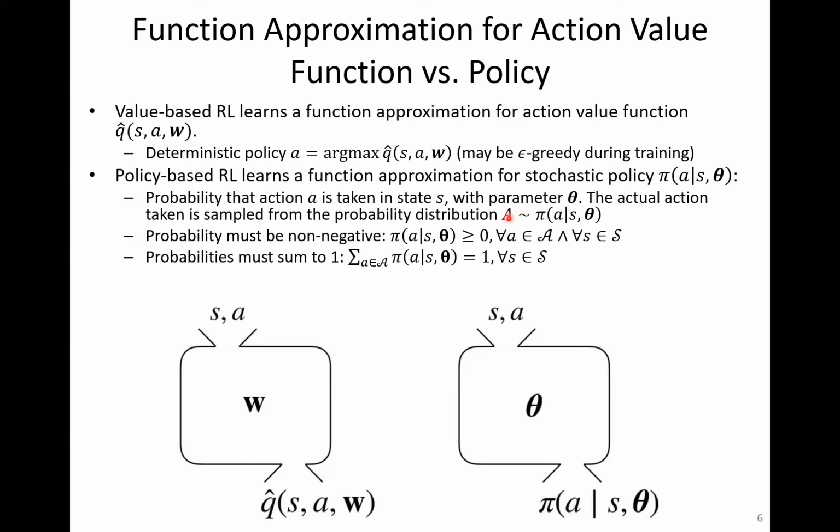The actual action, capital A, is sampled. This little tilde indicates sampling from a probability distribution. The probability must be non-negative, so every pi must be greater than or equal to 0. And probabilities also sum to 1. Very obvious.